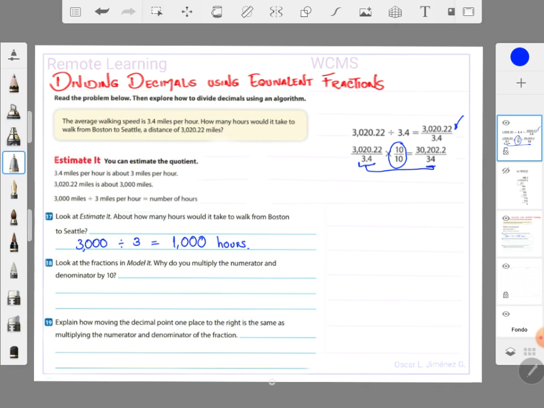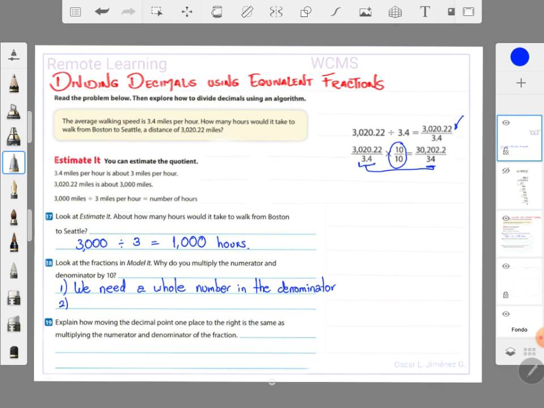So the first reason is because we need a whole number in the divisor, or the denominator. Okay, but now why 10? Why not 20 or 5 or 1000?